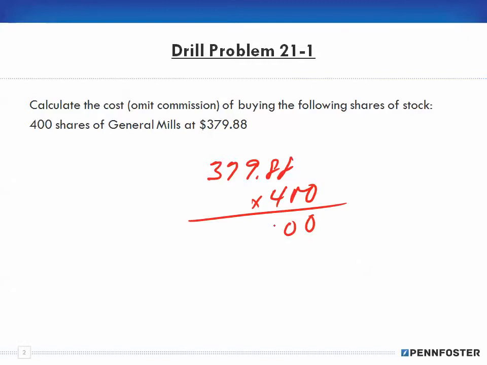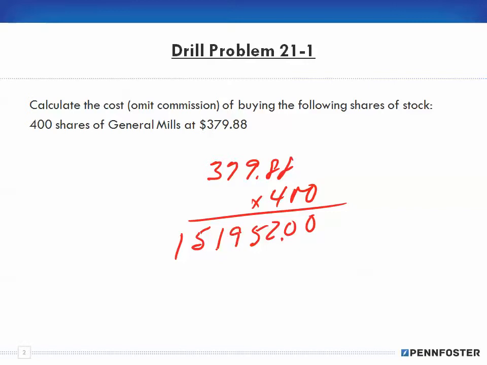So let me work that out. Two decimal places.